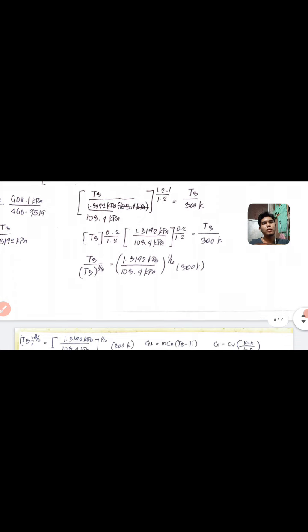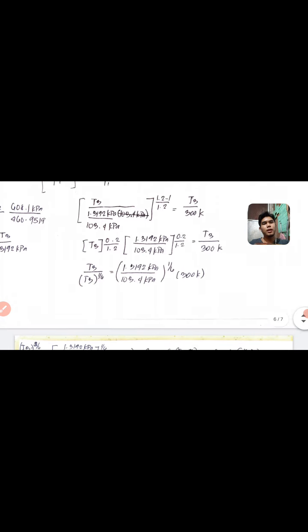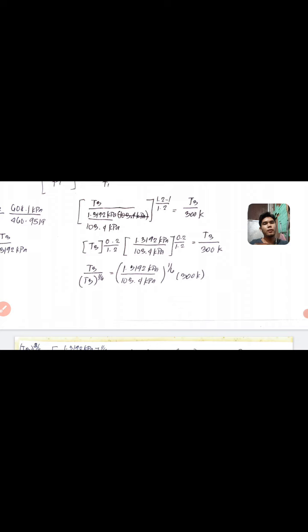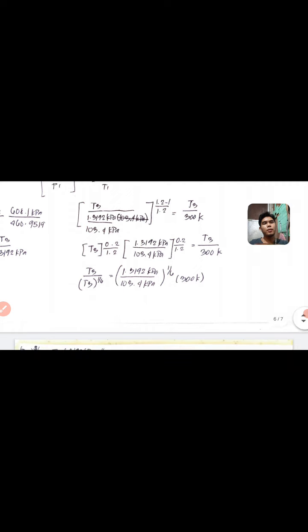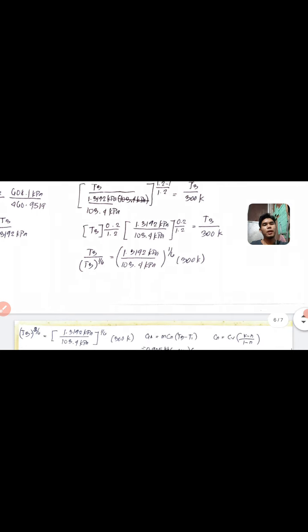So I distribute it in T3 over 1.3192 over 103.4, and it is equal to T3 over 300K. So transferring the T3 to the other side, T3 is equal to T3 raised to 1/6, since 0.2 over 1.2, when you divide it, is equal to 1 over 6. So it is equal to 1.3192 kilopascal over 103.4 kilopascal.